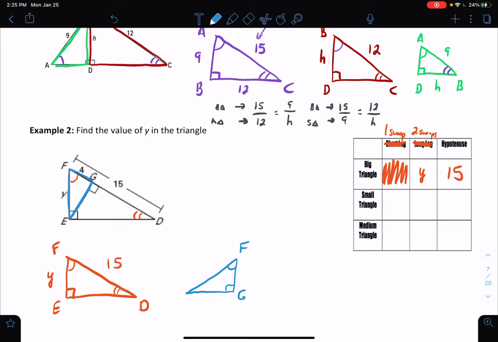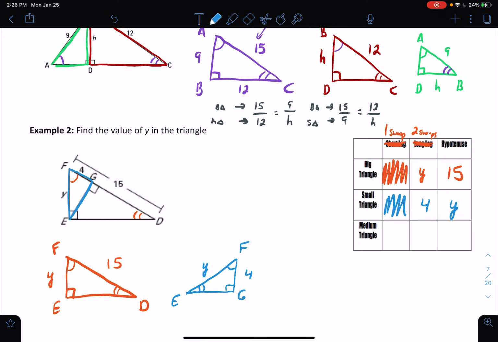G is the 90, and it goes out to E. So since F is the 1 swoop, that's going to make E the 2 swoops. FG is 4. GE, we don't know. And FE is y. So opposite the 1 swoop in this triangle, we don't know what it is. Opposite the 2 swoops is 4. And opposite of the 90-degree angle, or the hypotenuse, is y.